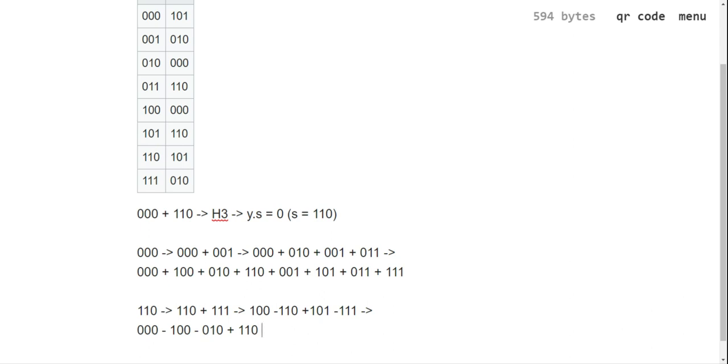I'm bad at this, as you can see. Here we got 0, 0, 1. We're doing this 0, 1 minus 1, 0, 1, and then here we've got minus 0, 1, 1 plus 1, 1, 1.